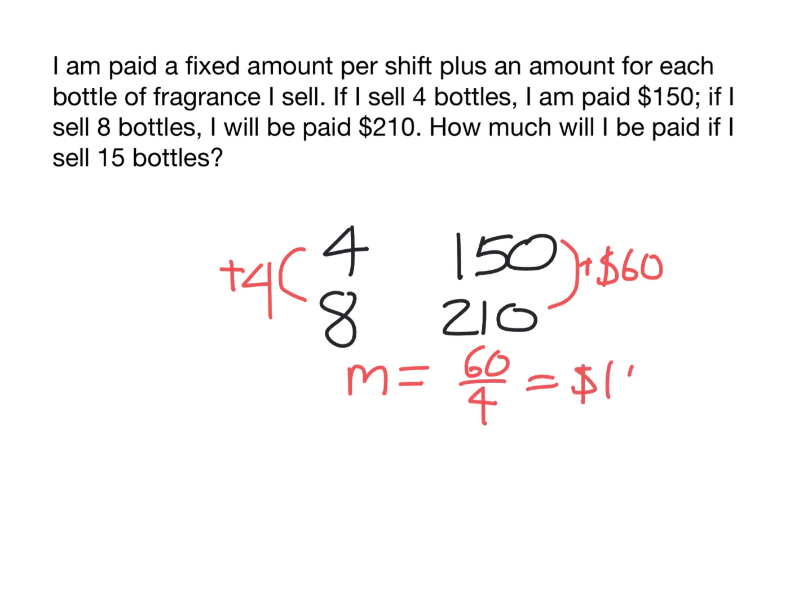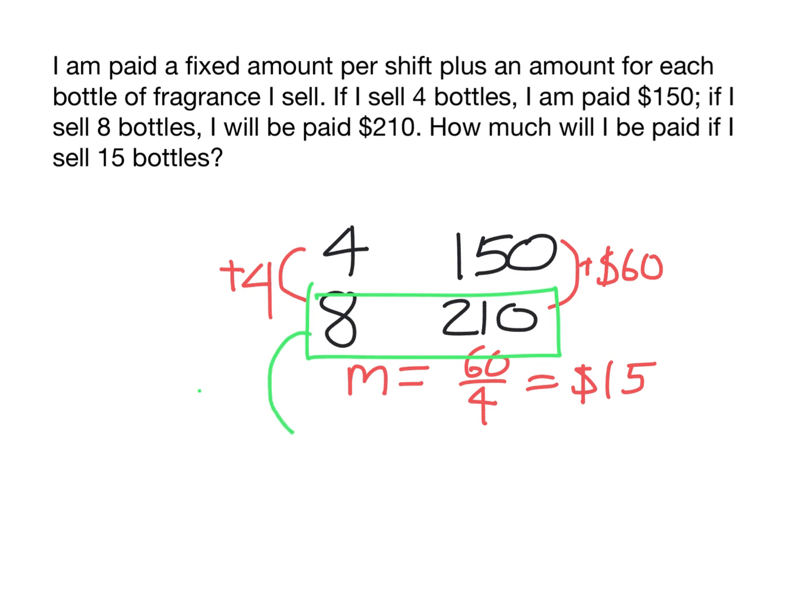What does that actually mean? Each time I sell 1 bottle, I increase the pay I get by 15. If 4 bottles gets you $60 more, then 1 bottle will get you $15 more. I had 8 bottles and I got 210.